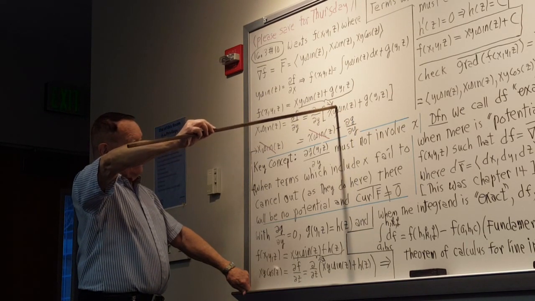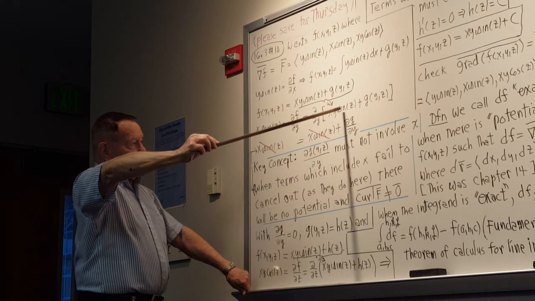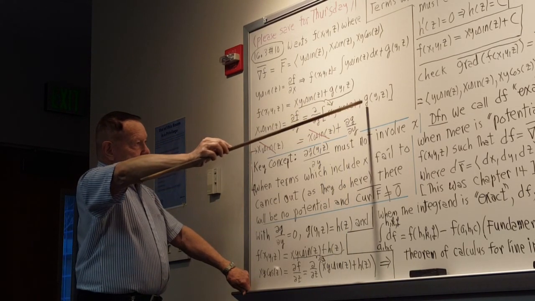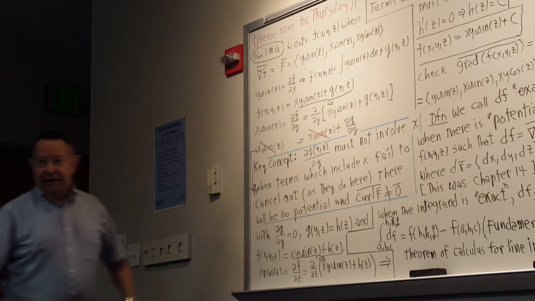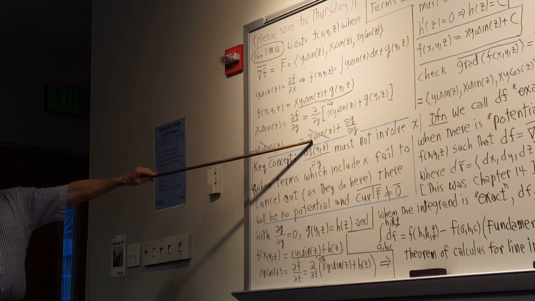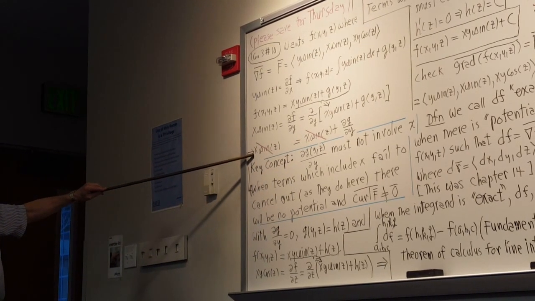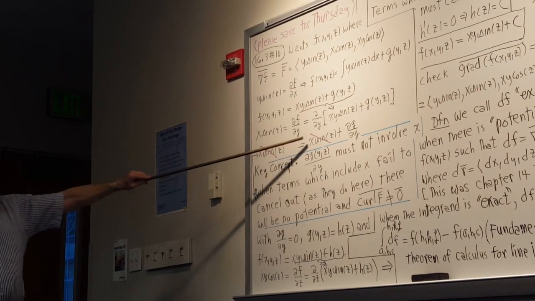Notice there is a y there, so when you take your partial, it leaves you the x sine z, and then the partial with y of the g. Now notice that there is something here with an x in it, and there is also something over here with an x in it. And as it happens, the somethings cancel.